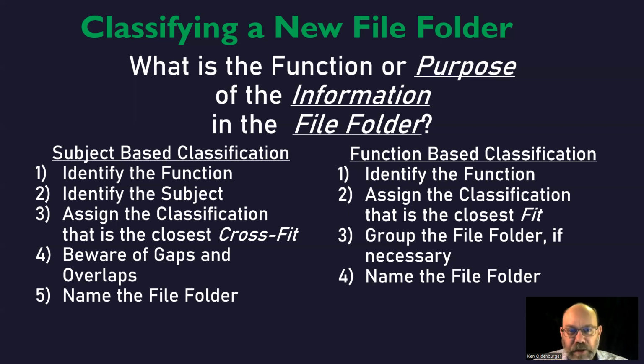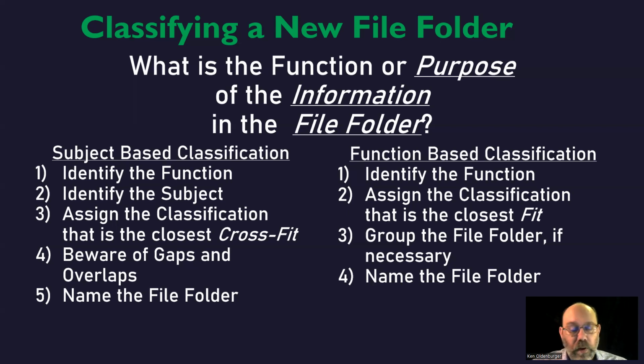But with subject-based classifications, you do need to watch out for what I call gaps and overlaps. Gaps are where you have a new file folder and you are searching through your classification system and you just can't quite find the right spot because things have been so targeted at a subject that you'll have a subject in your file folder that falls between two or more categories without quite fitting into any of them.